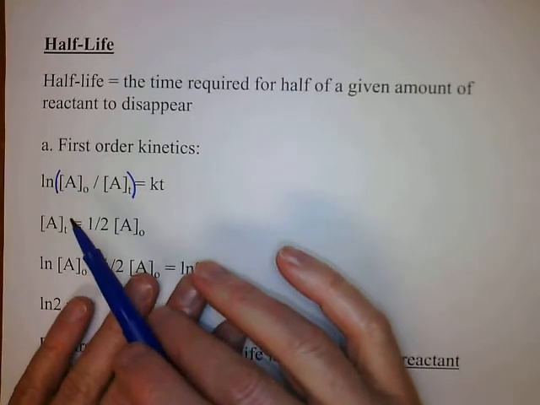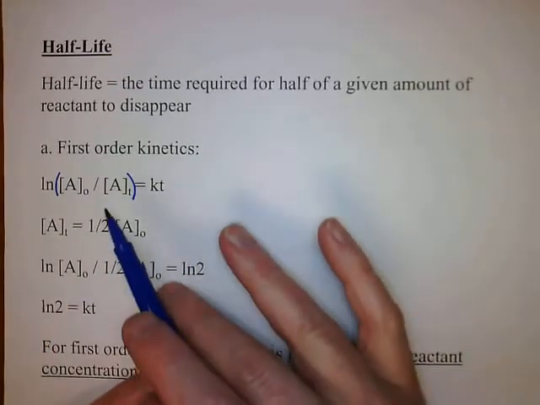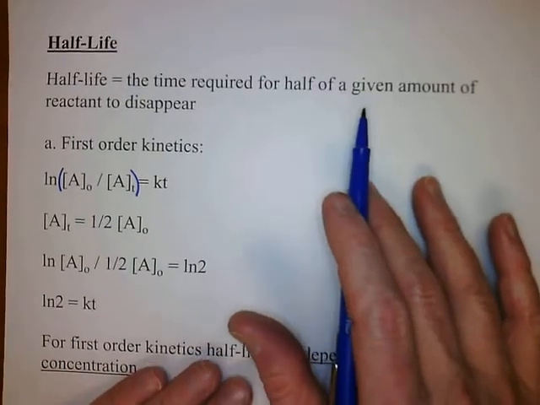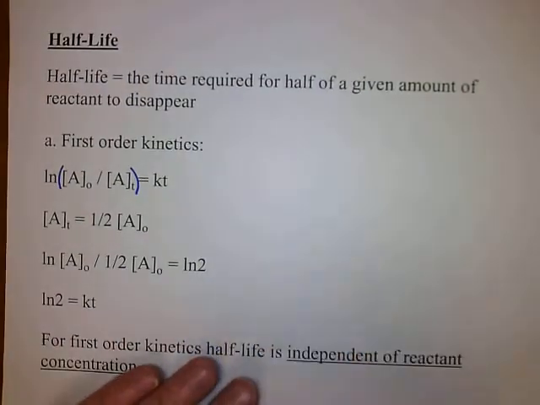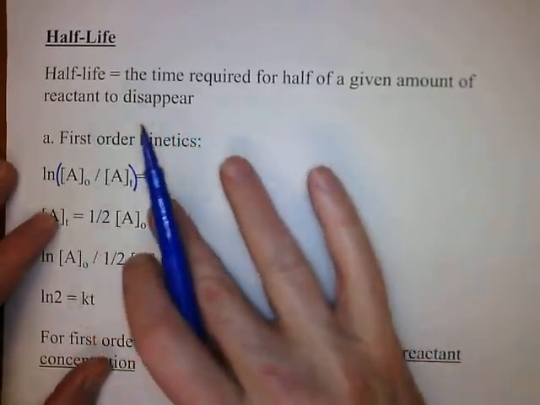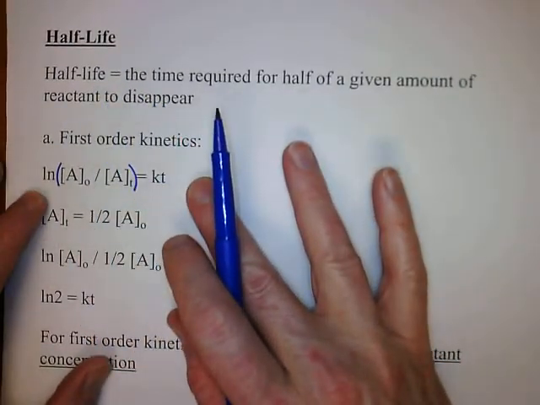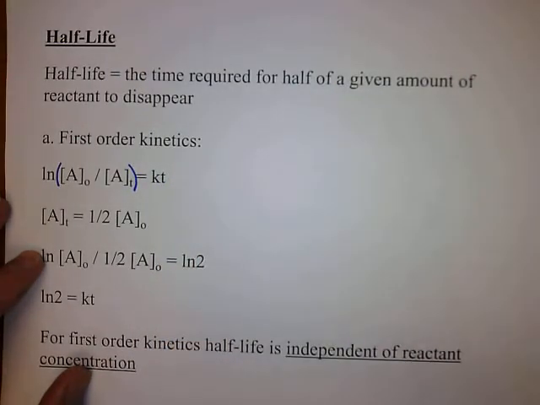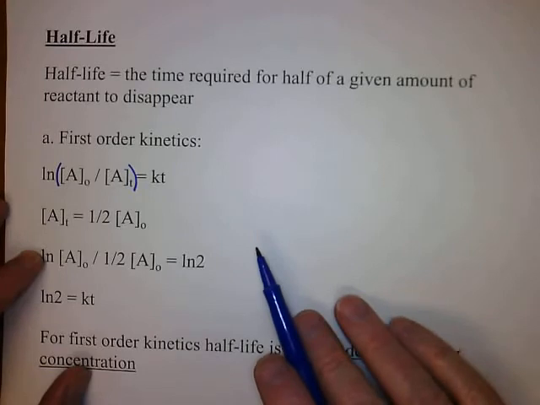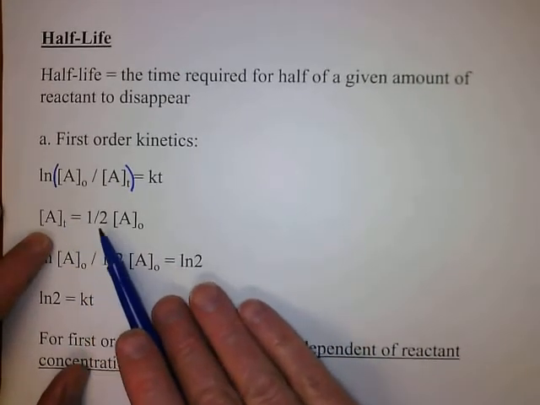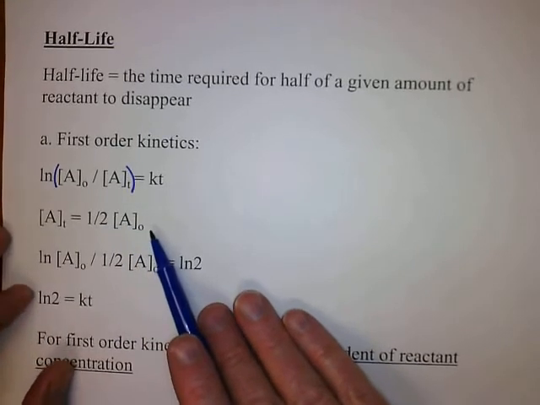So at time t, we're going to plug in the condition for half-life. One more time, it's the time required for half of your amount to disappear. So right, this is our integrated rate law for first order kinetics. So we're going to plug in the criteria that the concentration at time t is half the initial.